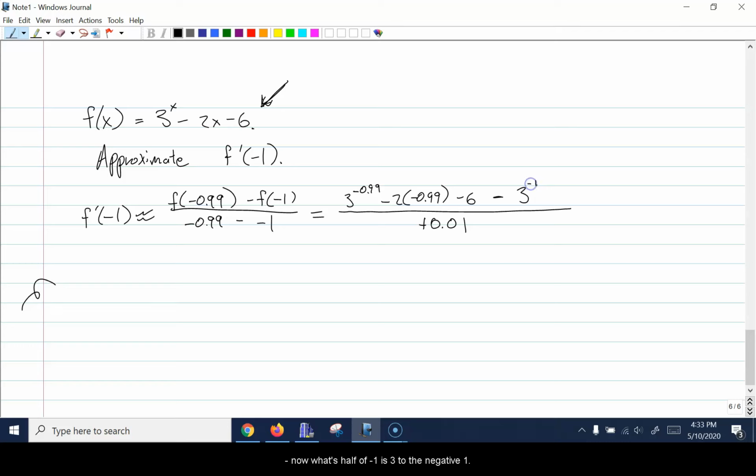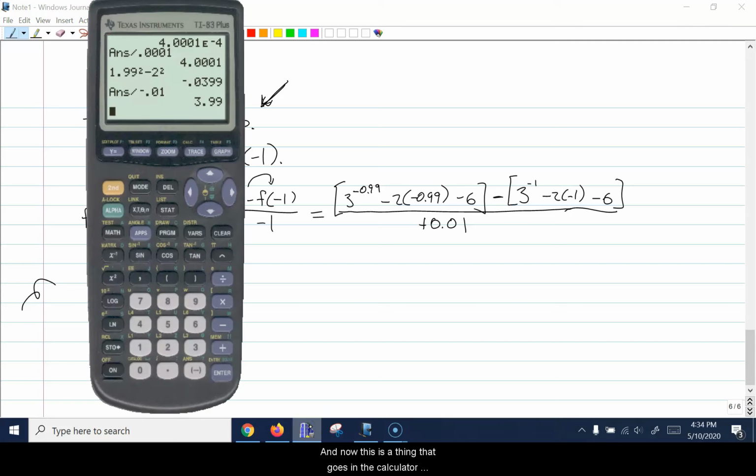It's 3 to the -1 minus 2 times -1 minus 6. This minus means minus the whole thing, so I need parentheses around this. I can also put parentheses around this, but these ones don't matter because there's no minus in front messing things up. And now this is a thing that goes in the calculator.